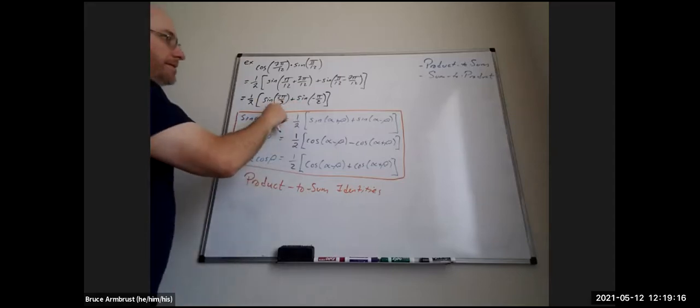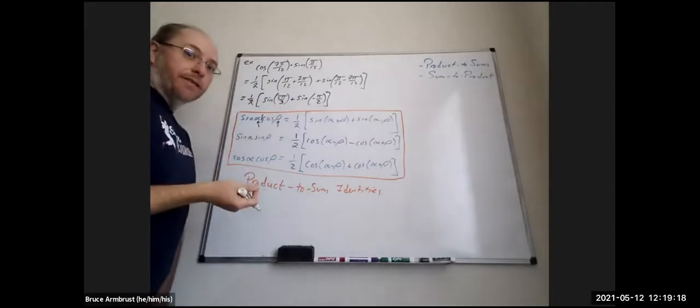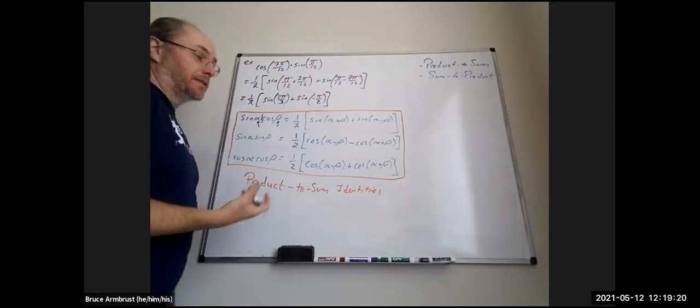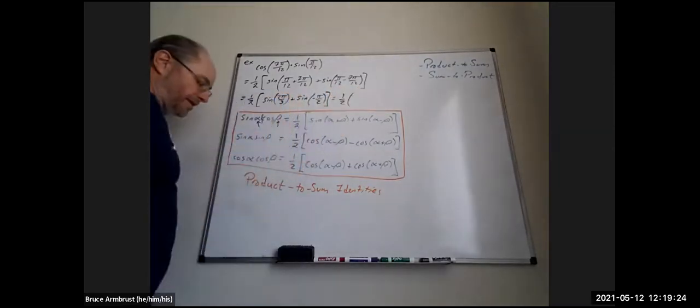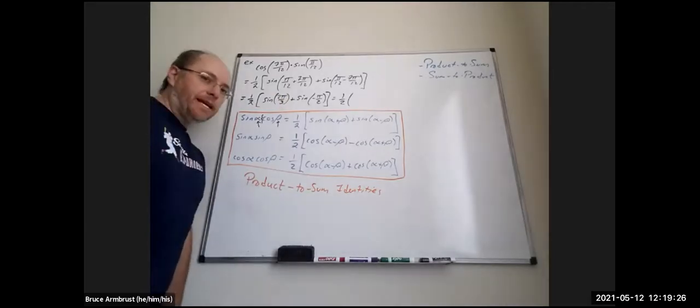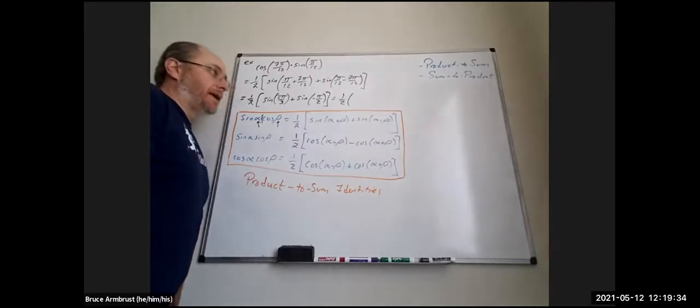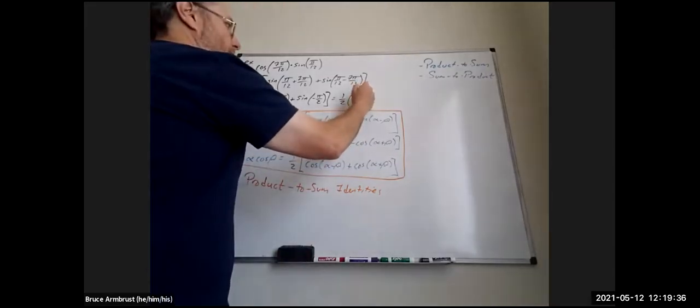And these are nice angles. These are angles that we can get the values for because they're on our chart. So the sine of 2 pi over 3, that's a quadrant 2 angle. So it's going to be positive, and it's going to be the same as the sine of pi over 3. And the sine of pi over 3 is √3 over 2.